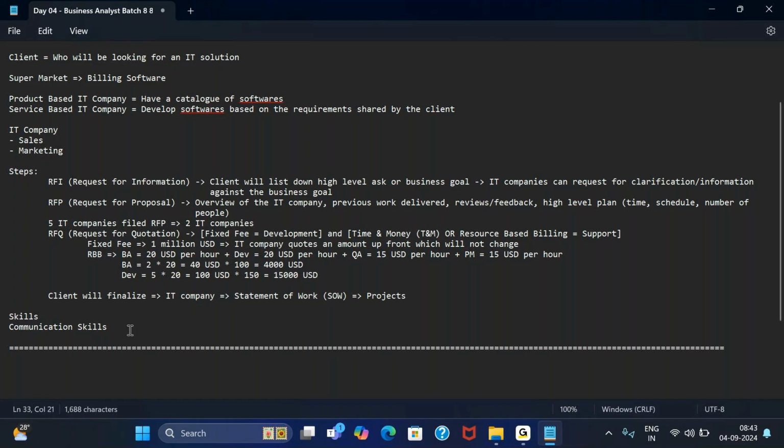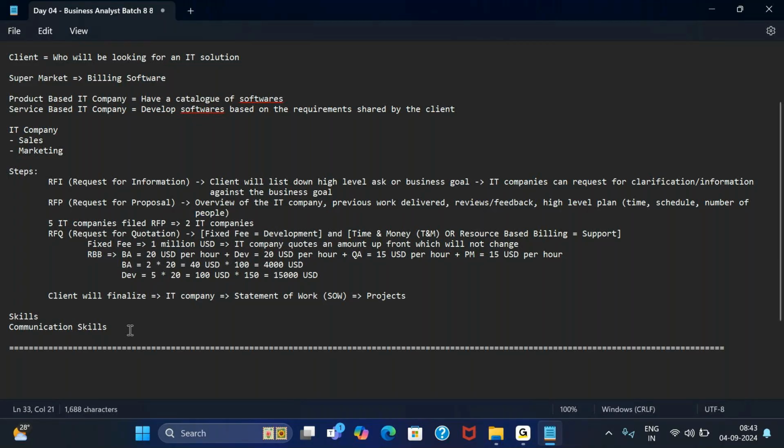Now, over time, you may acquire multiple other skills as a business analyst, but I think these are the core ones that you should always keep in mind and always stick to. There are multiple other skills like domain knowledge, process knowledge, solution identification, facilitation skills that you can always acquire with your experience.